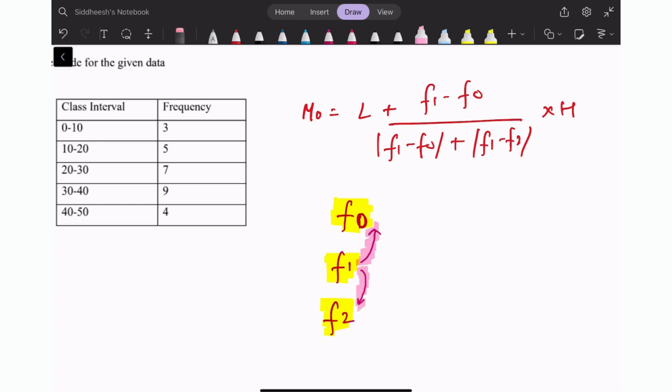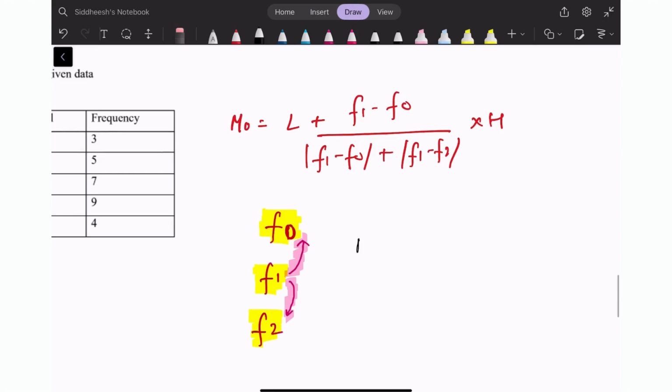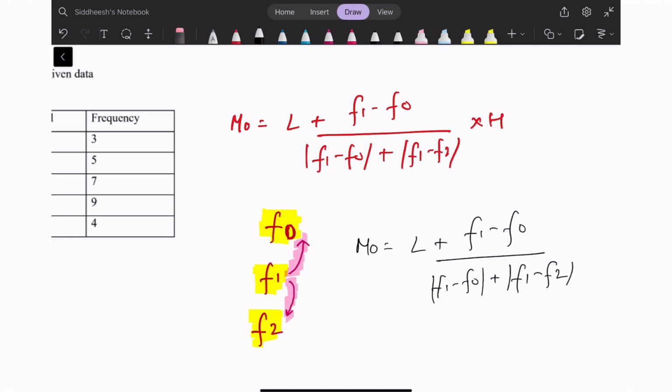This is how the formula came up. So mode is equal to the lower class limit plus f1 fights with f0, upon f1 fights with f0 plus f1 fights with f2 also, into h. Simple it is, right?